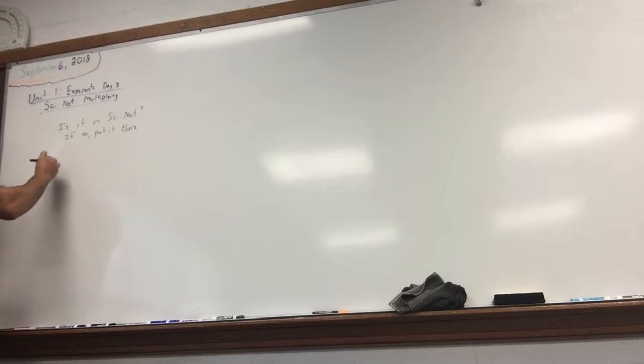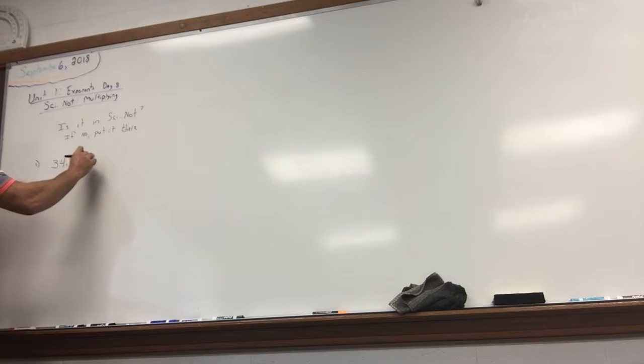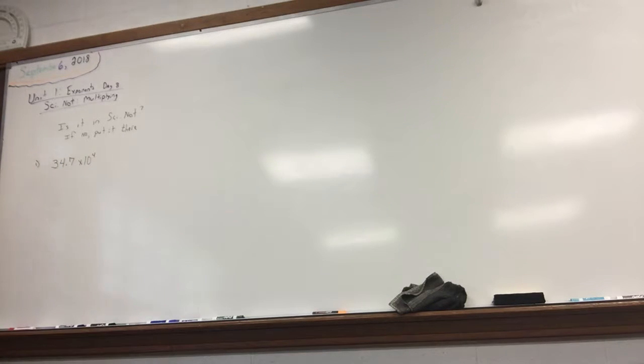So here's number 1. 34 7/10 times 10 to the 4th. Caleb, 34 7/10 times 10 to the 4th. Is that scientific notation?